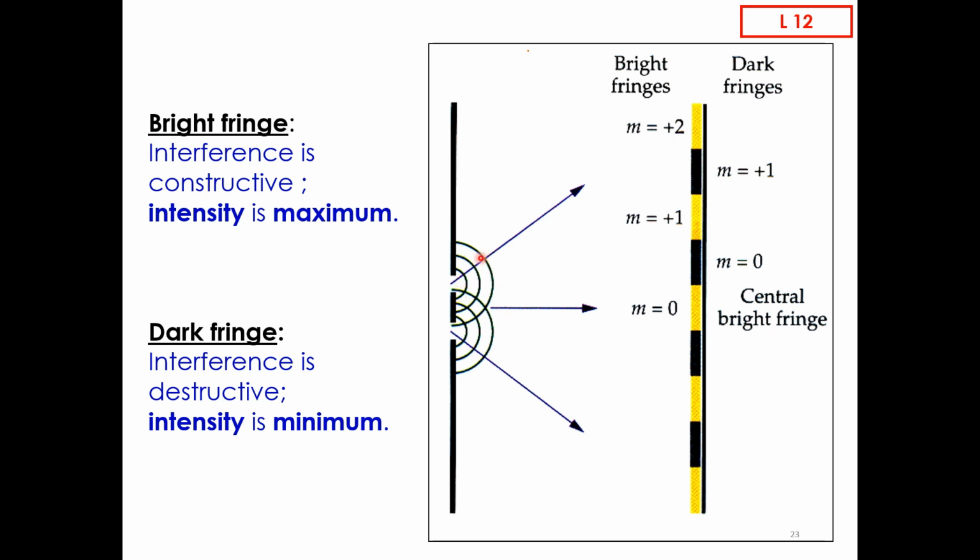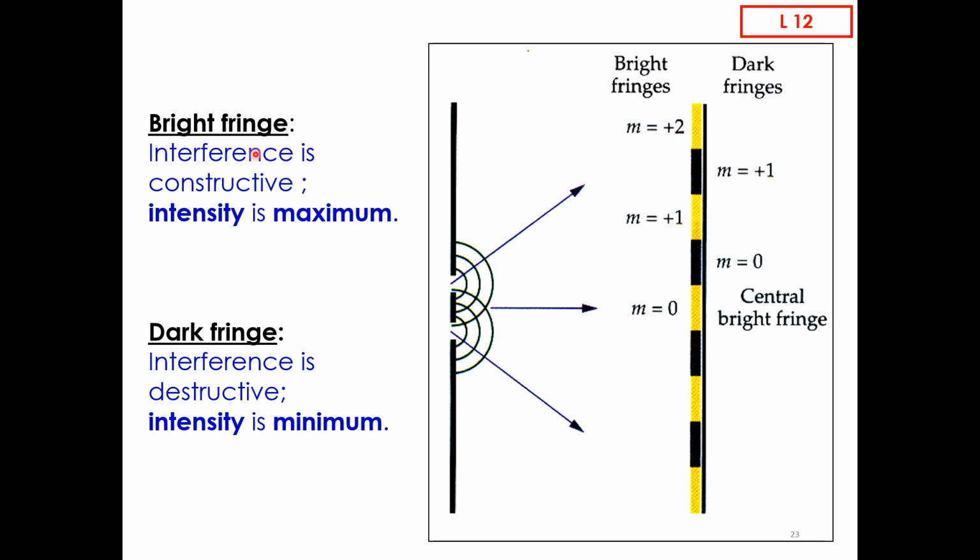A monochromatic light passes through two slits S1 and S2, so the rays will overlap each other, source 1 overlapping with source 2. So it will produce constructive interference. We start with the central bright fringe, order m equals 0. Next, alternating with the dark fringe, m equals 0 for the first dark fringe.